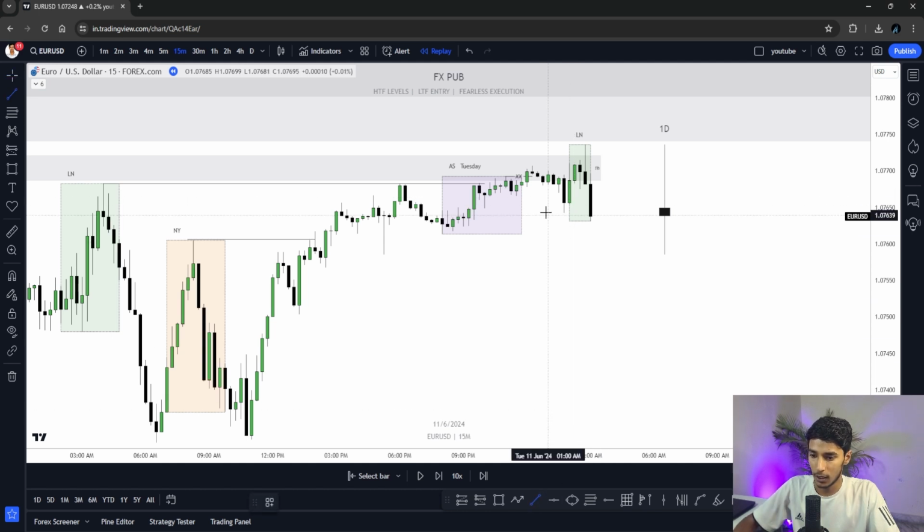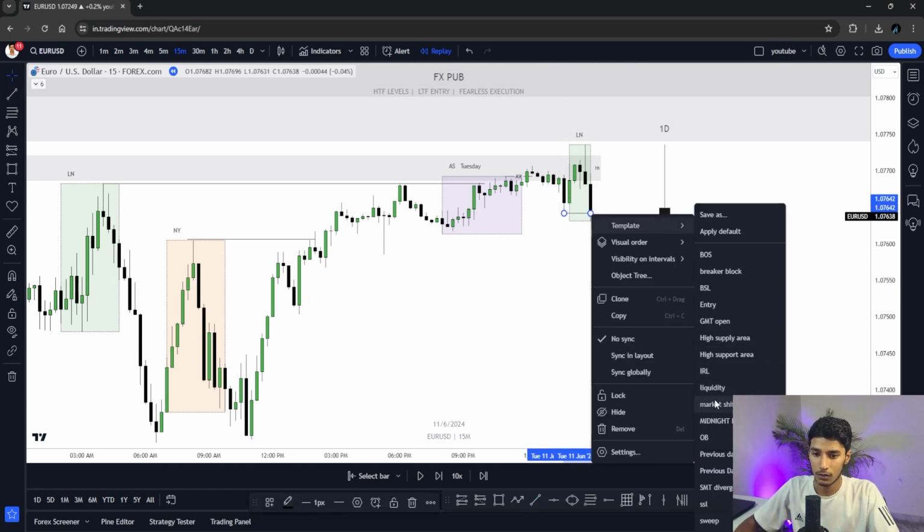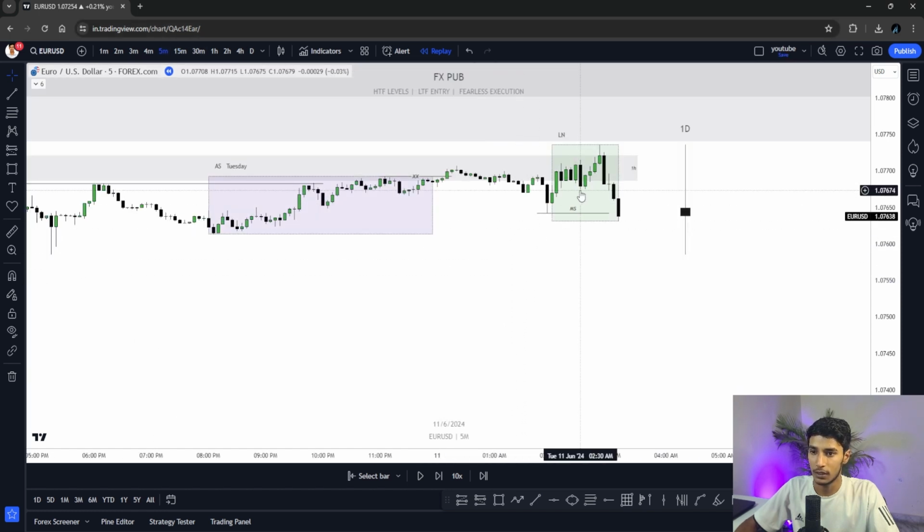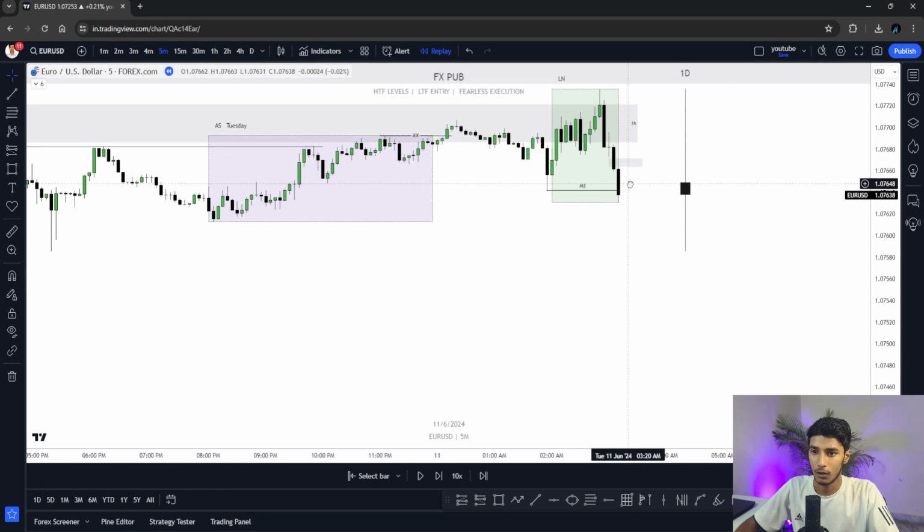We made a shift in structure, and if you go on the 5-minute time frame, you can see a shift in structure was there, and also one there. The major chop, or market shift, is here, and we leave what? We leave a fair value gap on the 5-minute time frame.